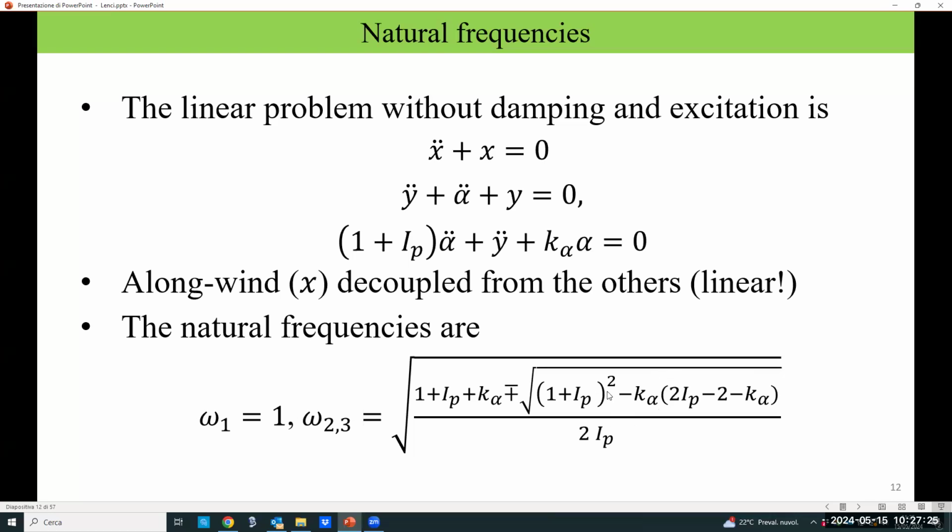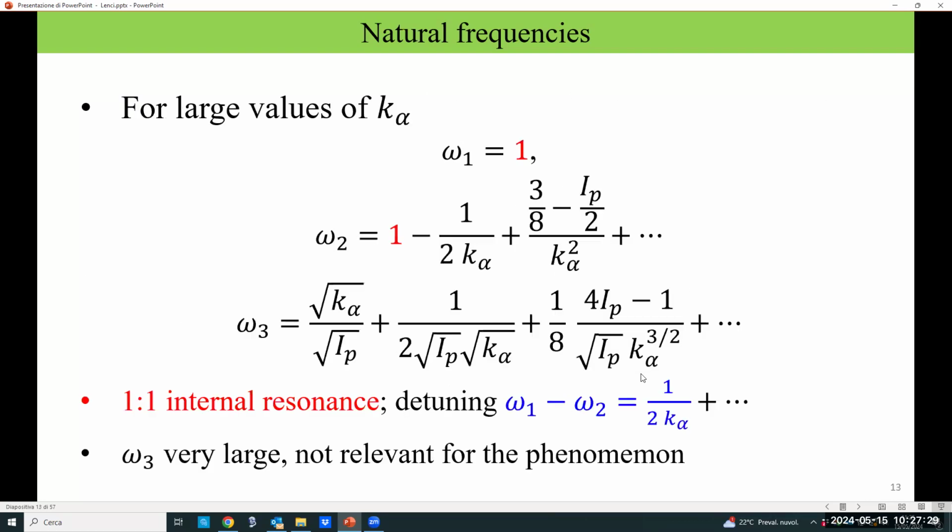If we expand this term assuming that K alpha is large, you see that omega 1 remains 1, omega 2 becomes 1 minus something, and omega 3 becomes the square root of K alpha over the square root of the ratio, plus something. So here is the 1 to 1 internal resonance. It is not exact because there is a little difference, but this difference is very, very small because K alpha is very, very large.